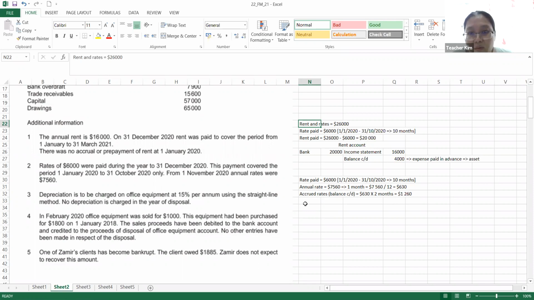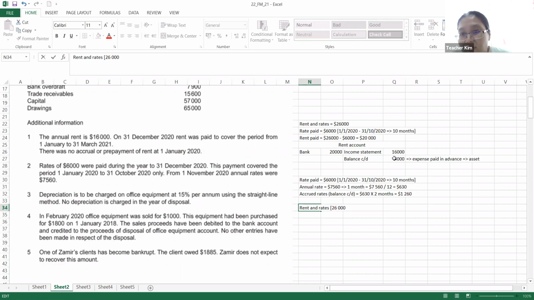Okay, now if we want to show the working in the income statement, what we have to do is take the rent and rate account. Beside here, the actual amount that we paid is 26,000. But based on this rent account, we had to take 20,000 minus this one. So we can do something like this, show the detail beside.